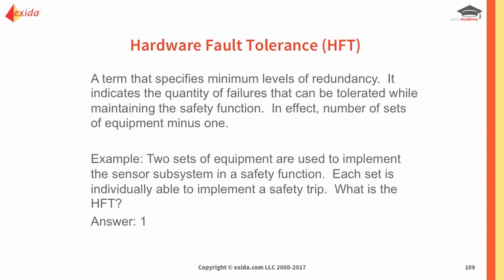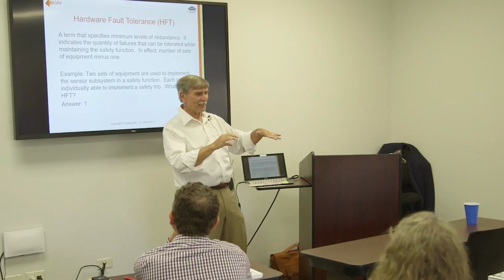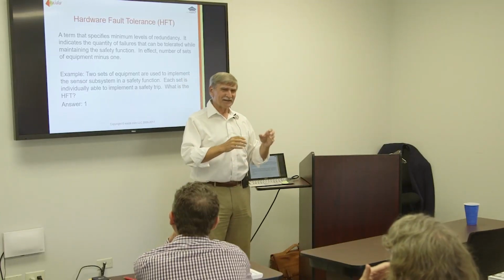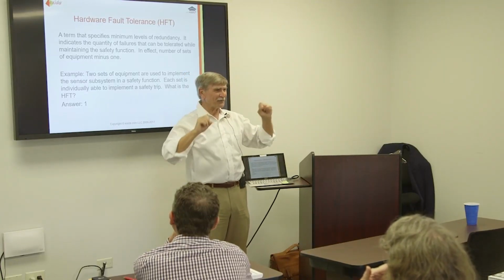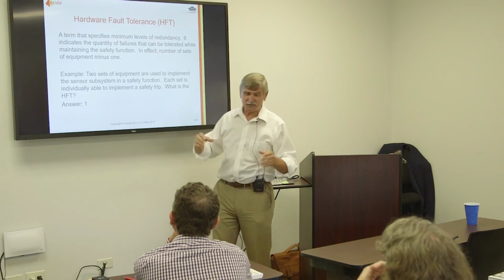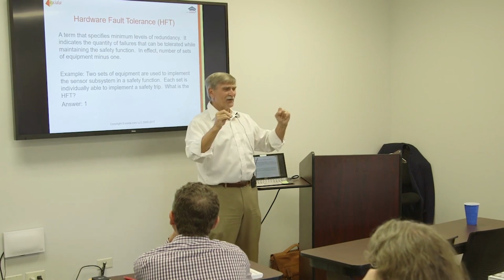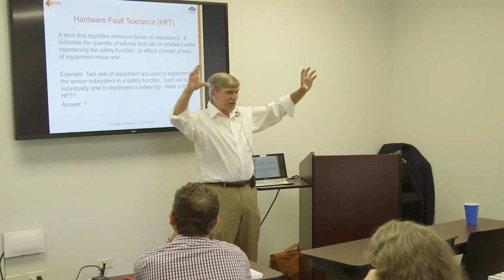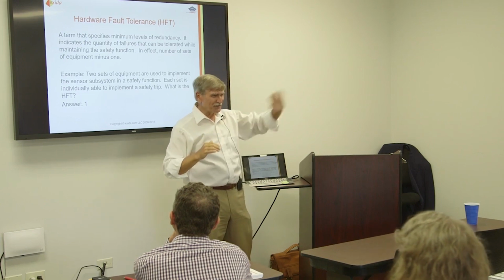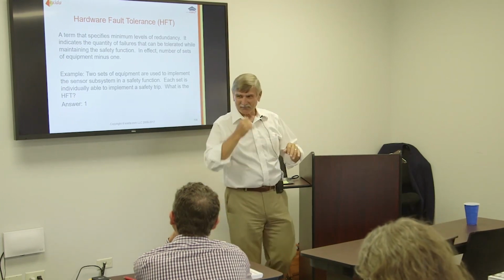Now, it's a little weird. It's like an elevator in Europe where 0 is really the first floor for us. And the first floor is really our second floor. Well, hardware fault tolerance 0 means we have one set of equipment. Hardware fault tolerance of 1 means we have two sets of equipment. So I just think European elevators.